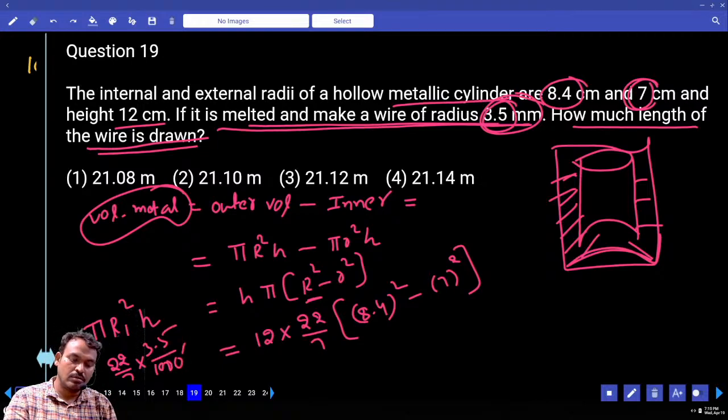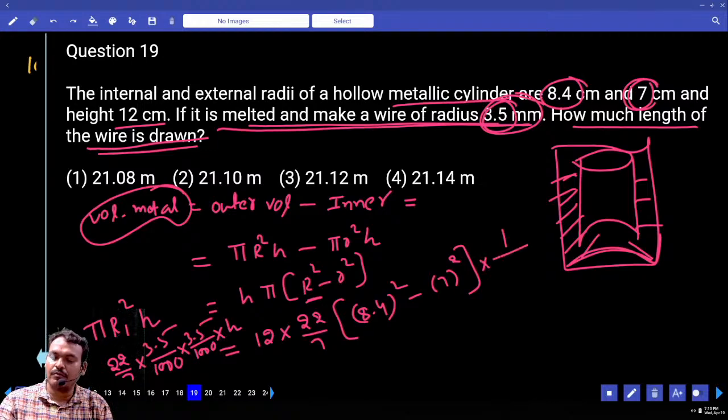3.5 by 1000 into 3.5 by 1000 into how much value? H. And here 8.4 minus 7 square, again multiplied by 1 by 100. On the right hand side, 8.4 centimeter square we write as 8.4 by 100. 1 meter is equal to how many centimeters? 100 centimeters.